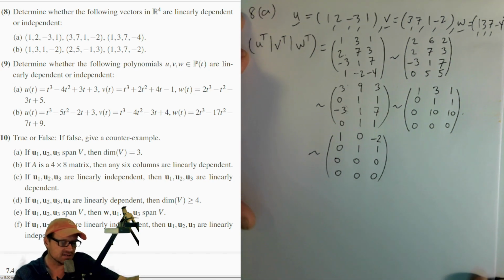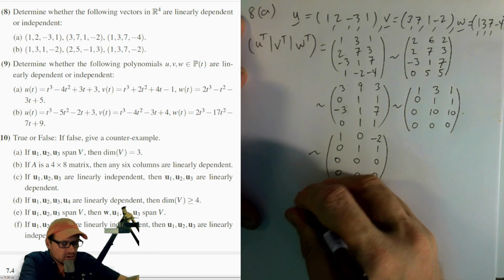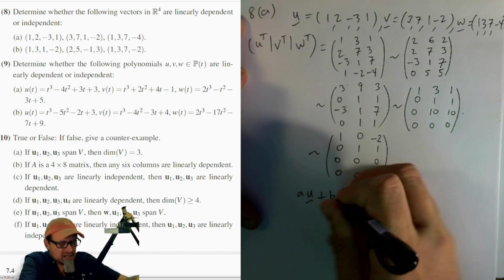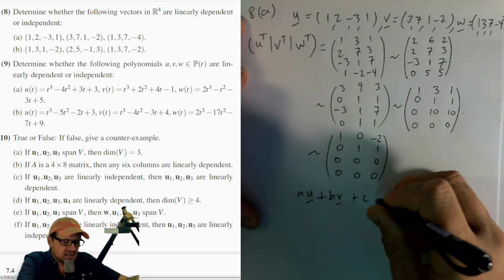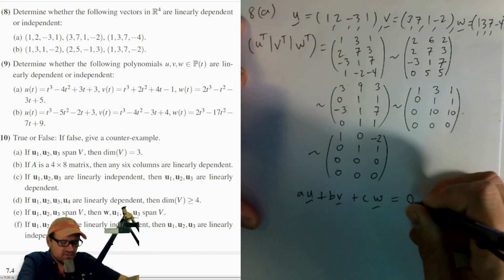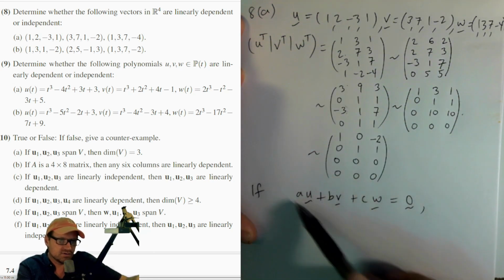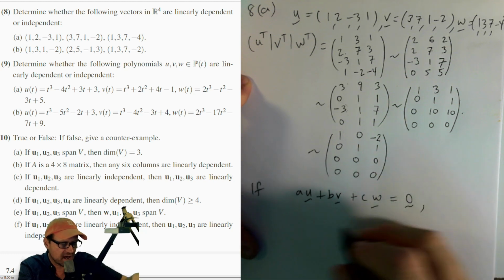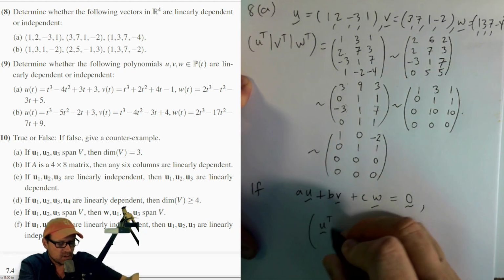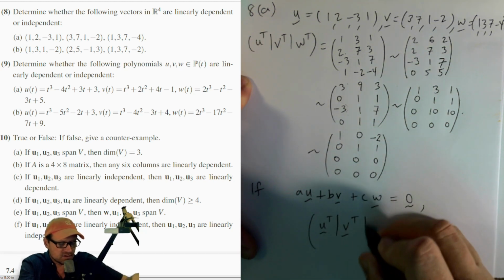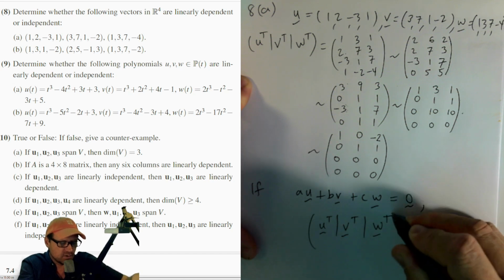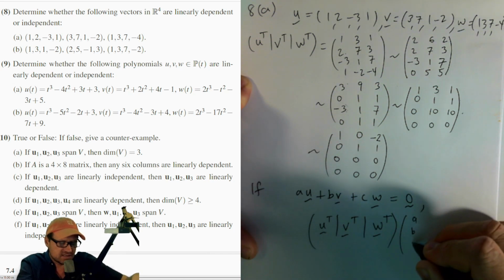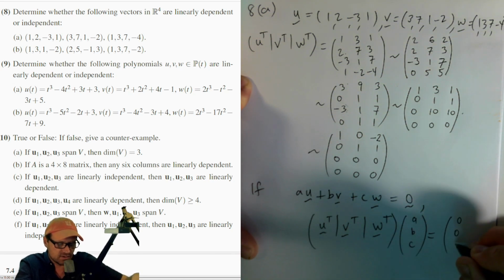So this tells us that if we were looking at AU plus BV plus CW is the 0 vector, then we would do some mathematics and obtain this matrix. In other words, what we would have is U transpose concatenated with V transpose concatenated with W transpose times ABC is 0, 0, 0.